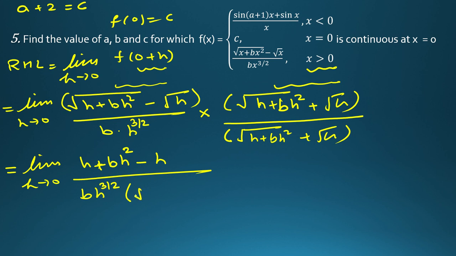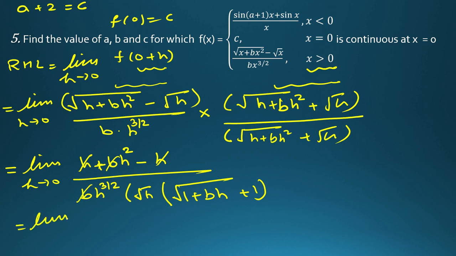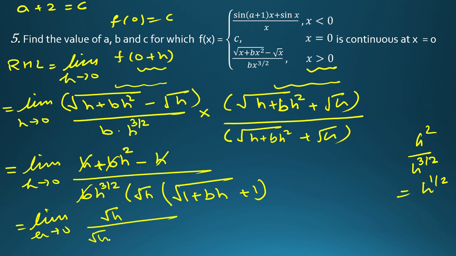So root h can be taken common, so it will be root h times (square root of 1 plus bh plus 1). Okay, now b is cancelled out, and here we are getting limit h tends to 0, h square upon h to the power 3 by 2. So what it will be? It will be h to the power 1 by 2. Okay. So root h upon root h times (root of 1 plus bh plus 1). Root h also cancelled out.